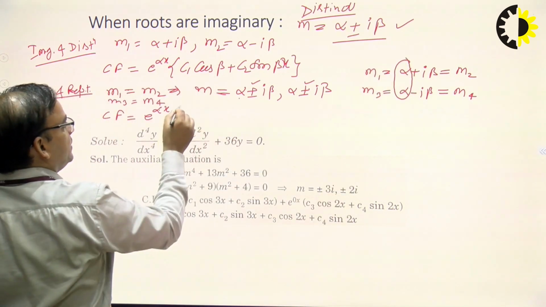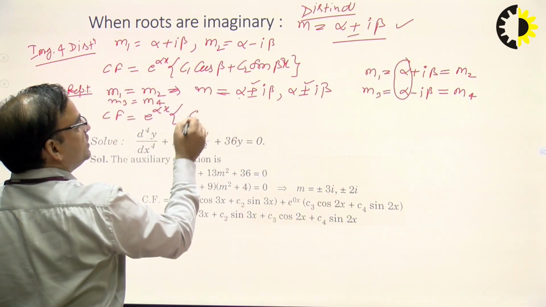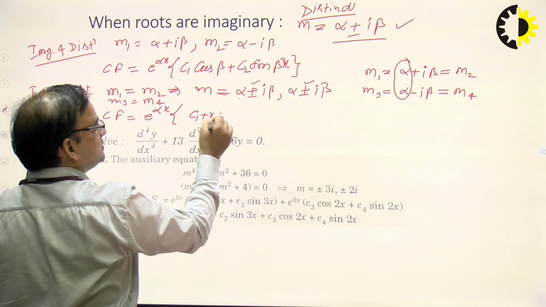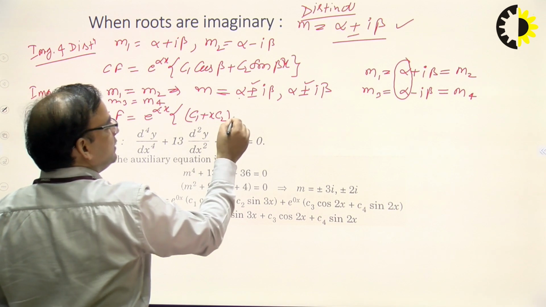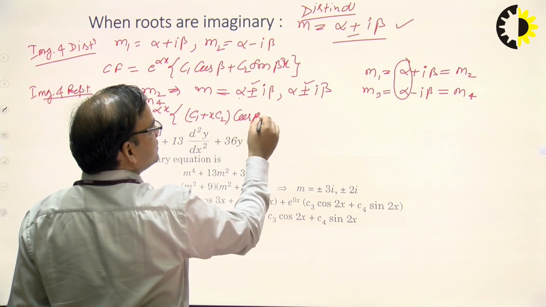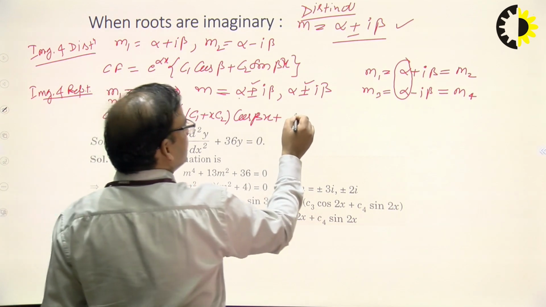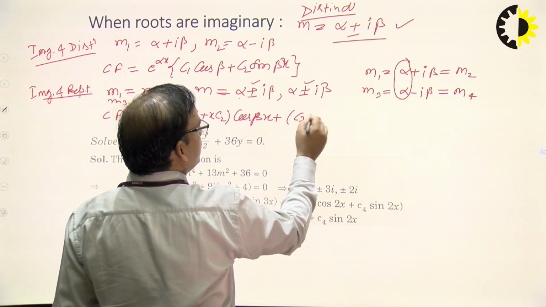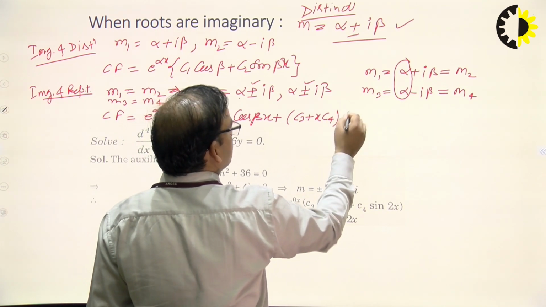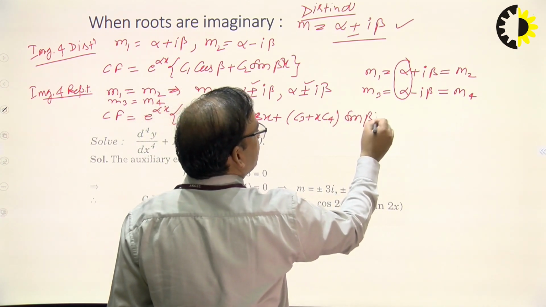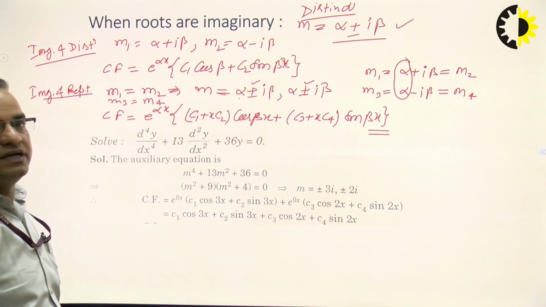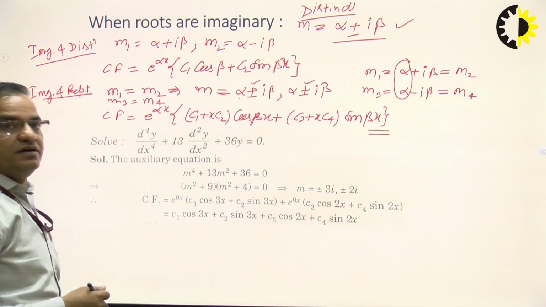Then for the repetition of the root, (c1 + c2x) cos beta x plus (c3 + c4x) sin beta x. This is the manner to write the repeated roots in the case of imaginary and repeated roots.